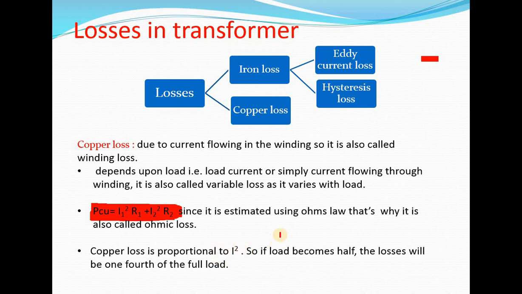It is a simple relation, and we should always keep in mind that if for a particular load the loss is PCU, and the load is doubled, then the loss will increase 4 times. If load becomes half, then the loss becomes 1/4. So this is all about the copper losses. Copper losses are the variable losses, and they depend upon the load, or winding current.